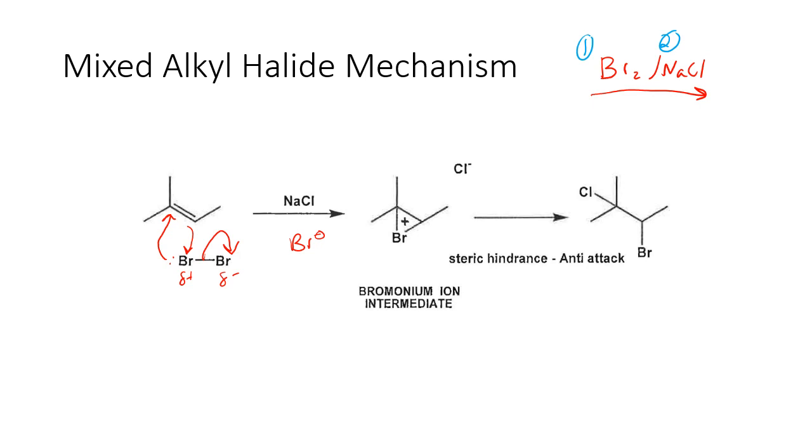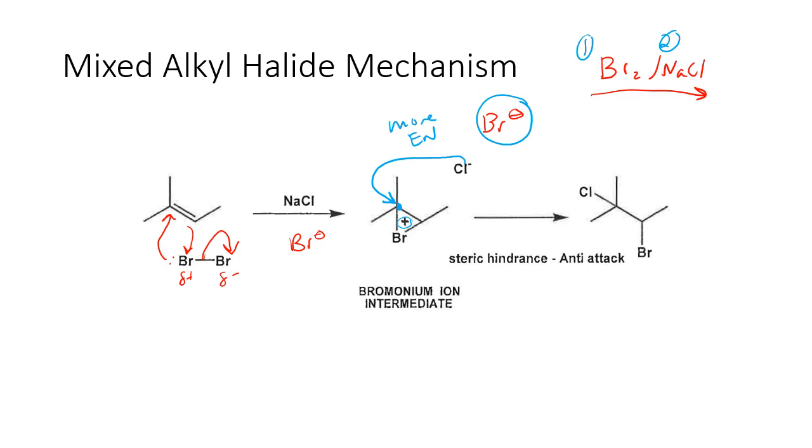Now, normally in that very first mechanism we did when we did halogenation, we took a bromide ion that was formed from step 1 and attacked the site of the most positive charge. Well, now we have a competing nucleophile, and that is the chloride, not the sodium. So the chloride comes and attacks, anti-attack, the more substituted carbon, which is the site of the most positive charge, even though the charge is shared amongst all three atoms.